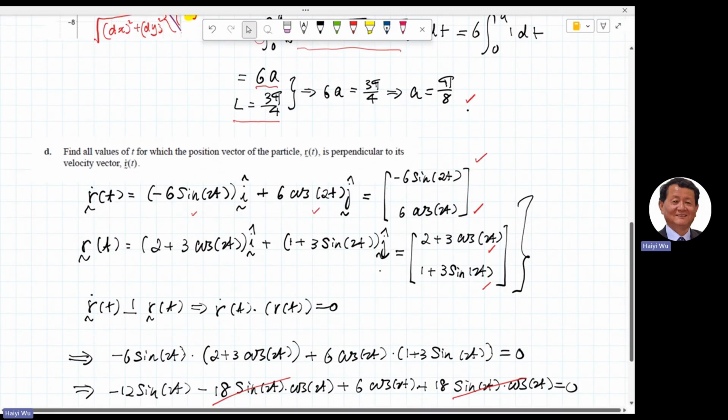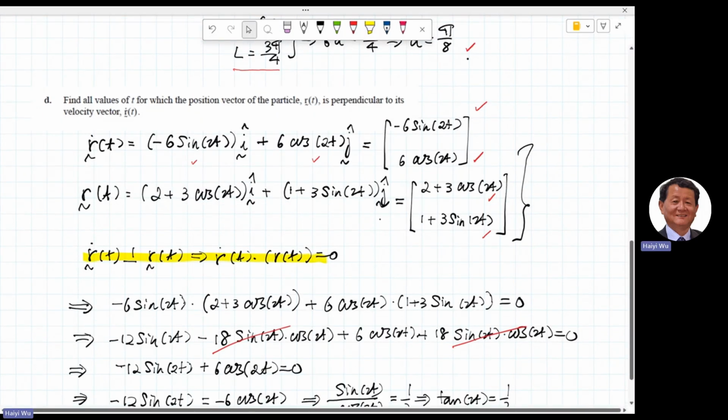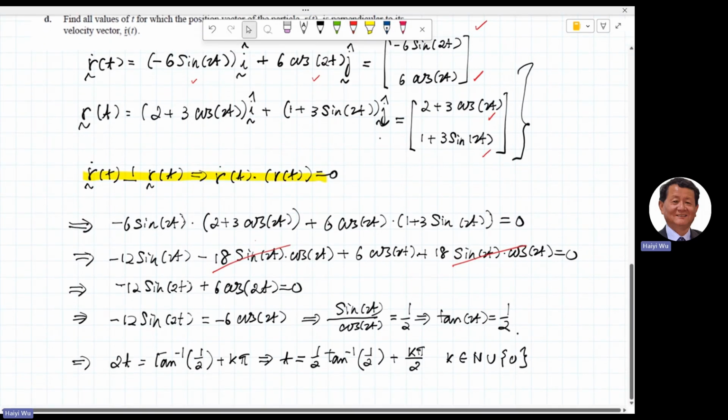Now this is a very important theory: if two vectors are perpendicular, their dot product, which is a scalar product, must equal 0. The scalar product is the x component times the x component plus the y component times the y component, equal to 0. Expanding the brackets, negative 18 and positive 18 cancel out, so we end up with 12 sine 2t equal to cosine 2t.